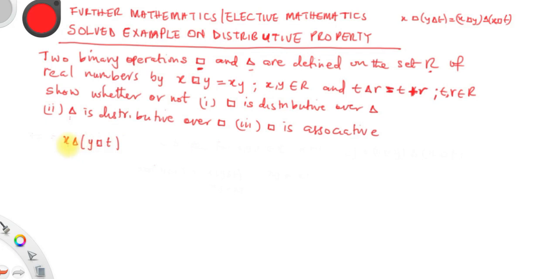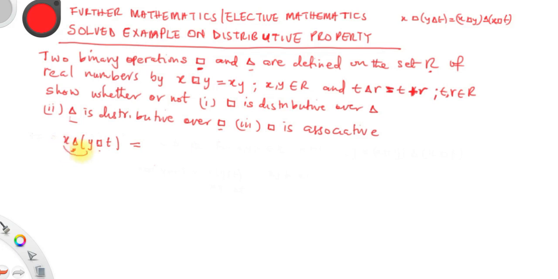If the operation triangle is distributive over square, then we can say that x triangle (y square t) is equal to, if and only if, we distribute the triangle over square.